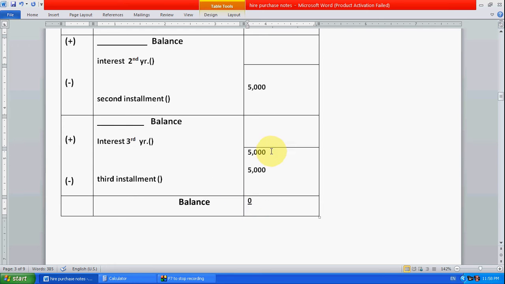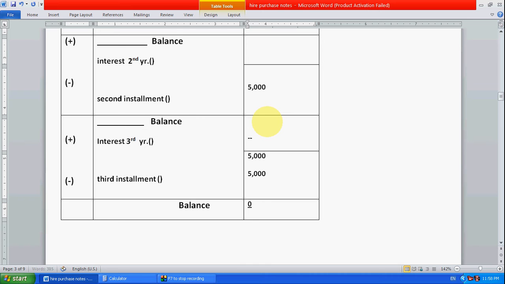Here interest is completely nil because interest is already included in the installment. So the balance is 5,000, and that 5,000 is transferred here, after we have paid the interest plus installment.